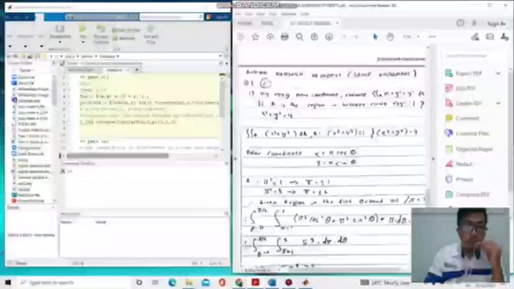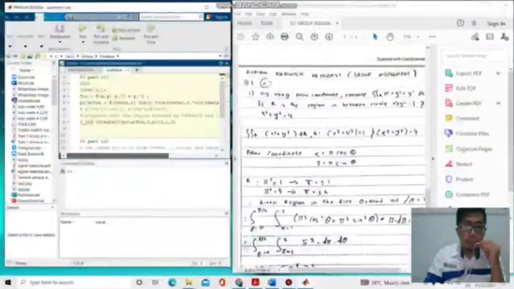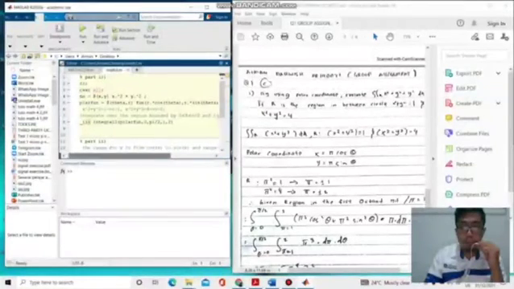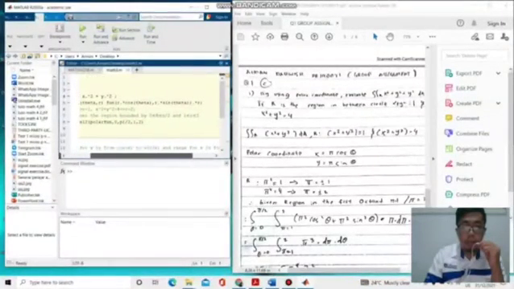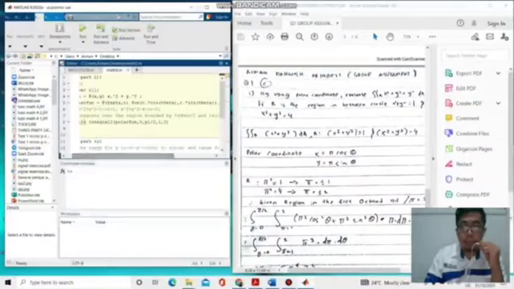Use the polar syms theta and r, with x as r cos theta and y as r sin theta. This one is r sin theta, not r cos theta.